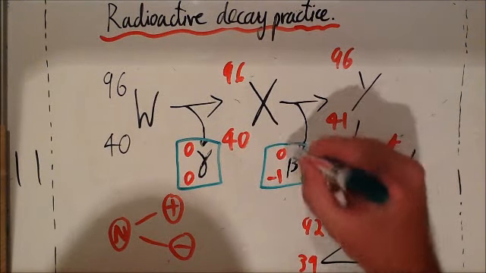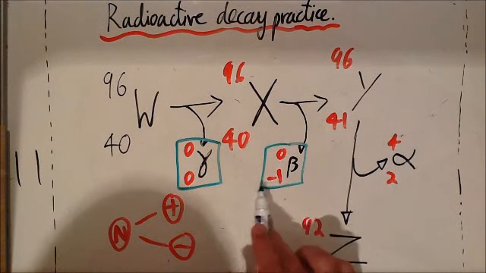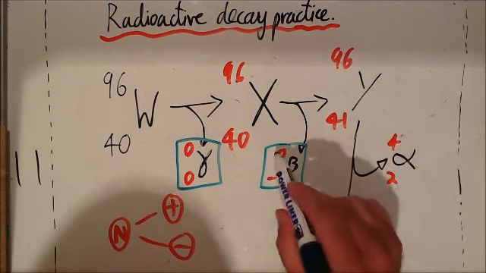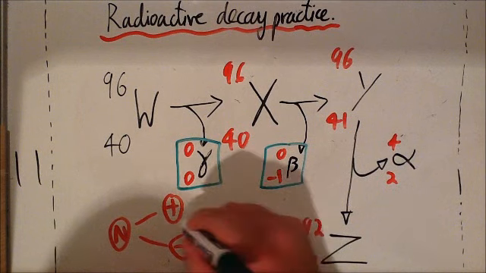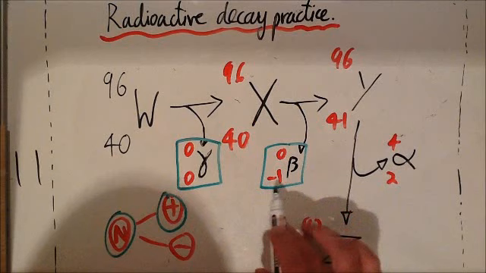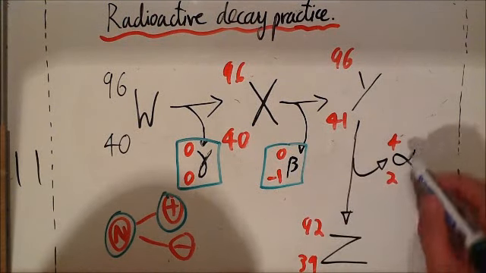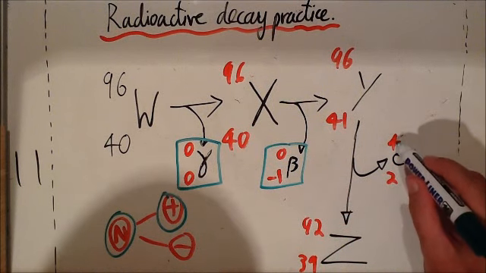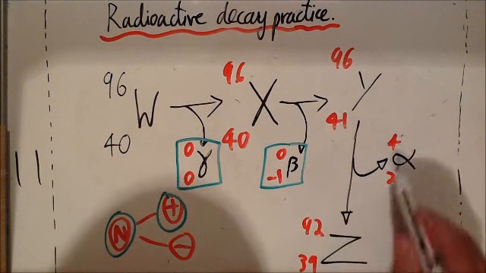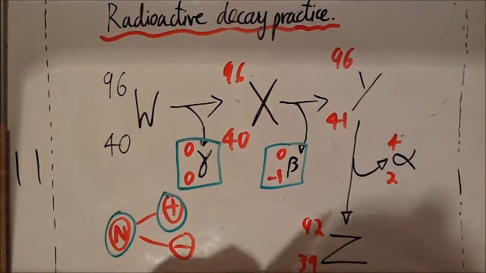Beta radiation, the atomic number goes up by 1, because we've basically added a proton but removed a neutron, so the mass number will stay the same because the mass number is neutrons plus protons, but because we've got another proton, the atomic number goes up, so this will go from 40 up to 41. And then when we have alpha emission, we've got 2 neutrons, 2 protons removed. This is a 96, so you take 4 away from the top, you take 2 away from the atomic number, and we're left with 39. How'd you do?